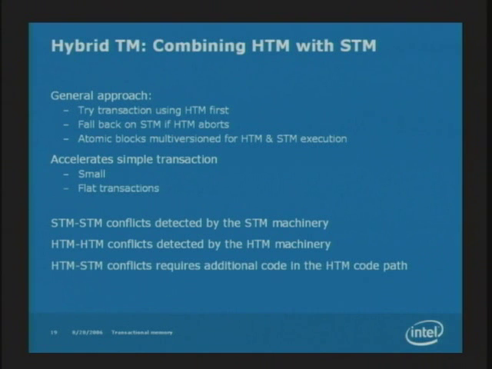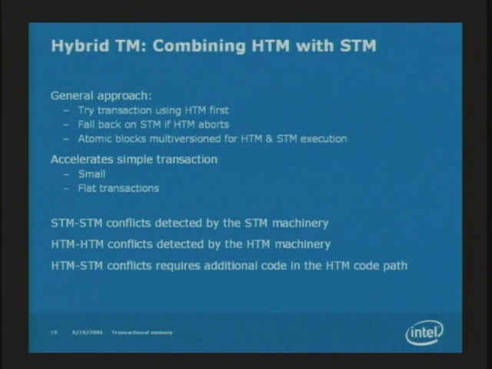So the thing about this is, once you have this concurrent execution, you can have a hardware transaction executing and a software transaction executing concurrently. You now need to make sure there's proper conflict detection between the two. So if you have two concurrent software transactions, then the STM machinery is going to take care of that. And if you have two concurrent hardware transactions, then the cache coherency mechanism takes care of that. But the problem is you may have a concurrent HTM and an STM transaction going on.